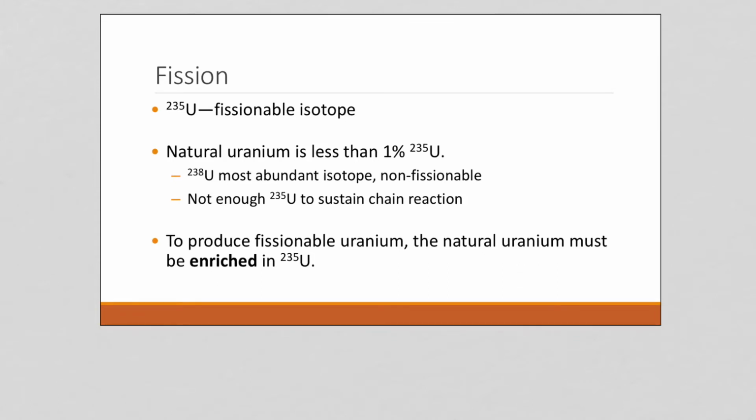What that means is that by a process, they've enriched the amount of 235, typically by concentrating the uranium-235. You're removing the uranium-238 or separating the 235 from the 238, at least partially, to create what's known as enriched uranium.